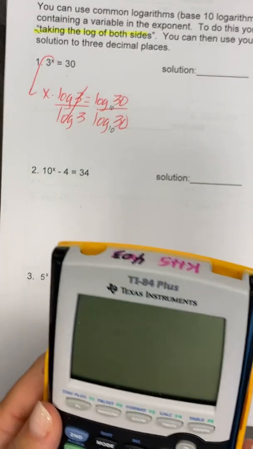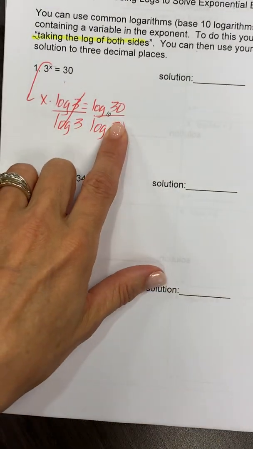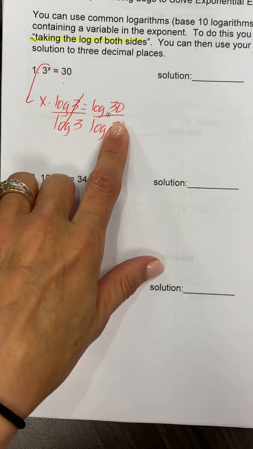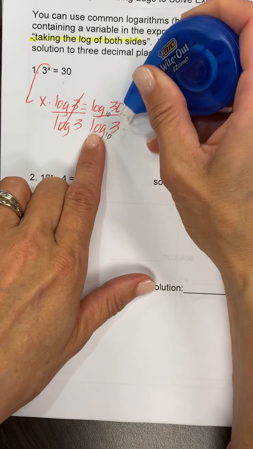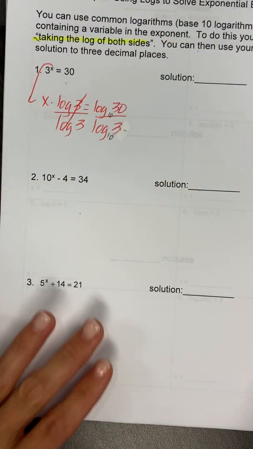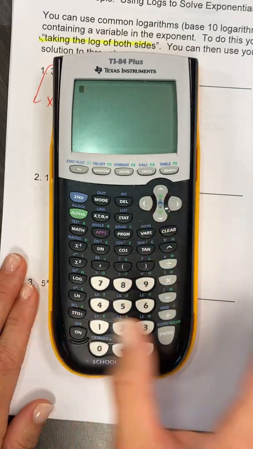Y'all ready? Look, I wrote 30 twice, didn't I, guys? This is 3. So I'm going to type in log of 30 divided by log of 3. Y'all see the log button?